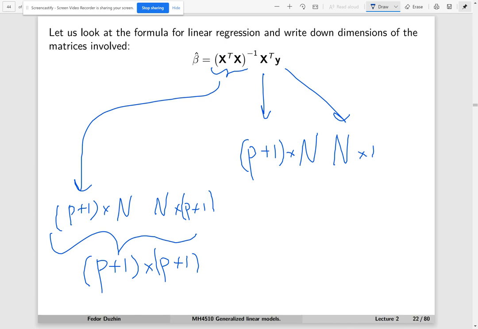So when we take the product of all these matrices, the end result is going to be just a p plus 1 by 1 matrix, right? The end result. But while we are calculating it, we have to deal with some pretty huge matrices. This matrix, this matrix, and this matrix are pretty huge, right?